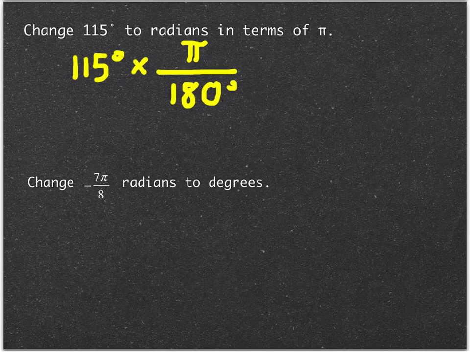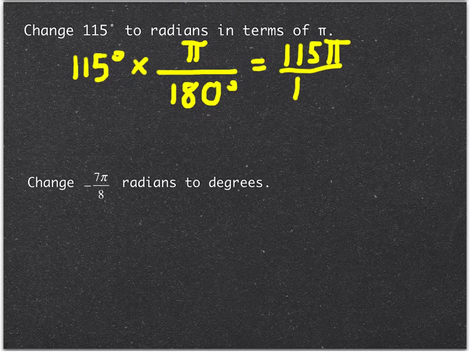So when I multiply this 115 degrees by pi over 180, the degrees will cancel out and I'll get an answer that has pi in its expression. So when I do this, I get 115 pi over 180. And I can ultimately reduce that fraction.